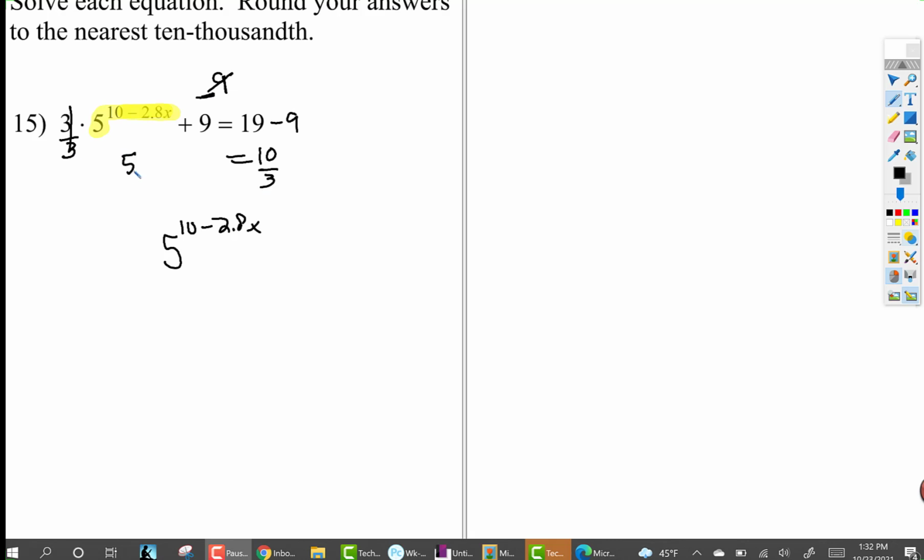And then we'll have 5 to the 10 minus 2.8x is equal to 10 thirds. And I'm going to move that over. Well, what do you do now? You go ahead and take the log of both sides.